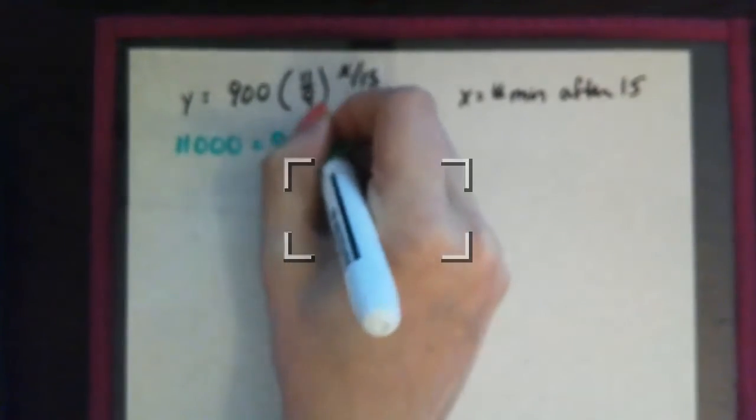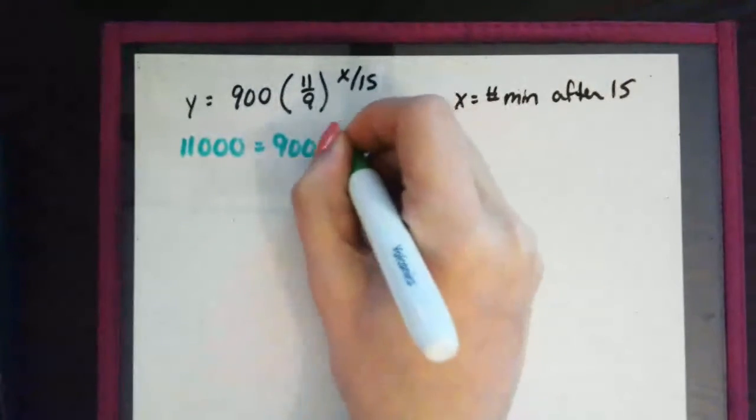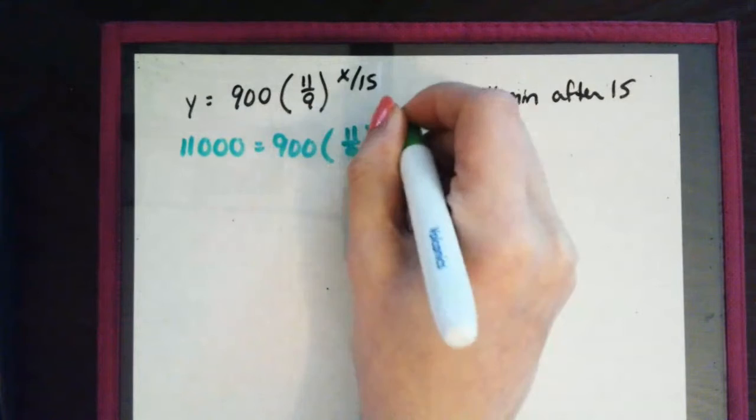We want to know when this population will reach 11,000. So we will have 11,000 is equal to 900 times 11 ninths raised to the x over 15.